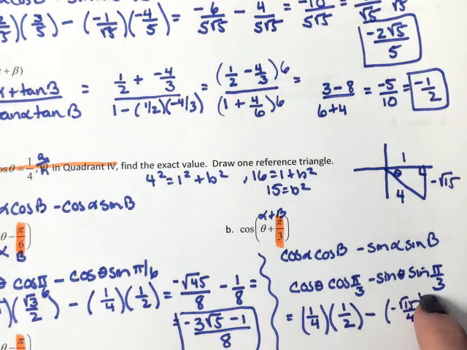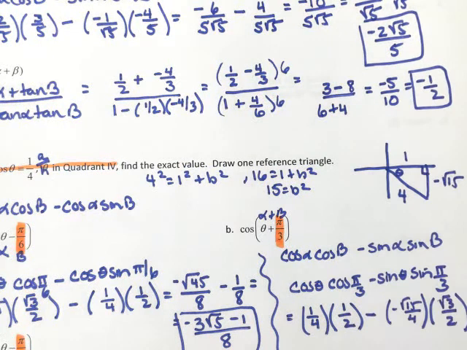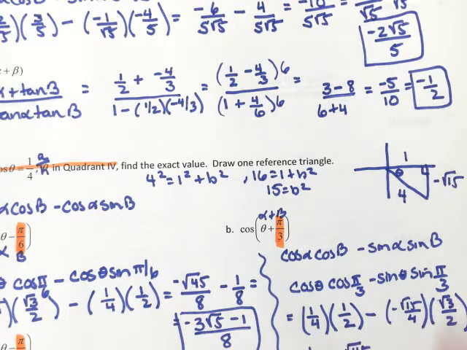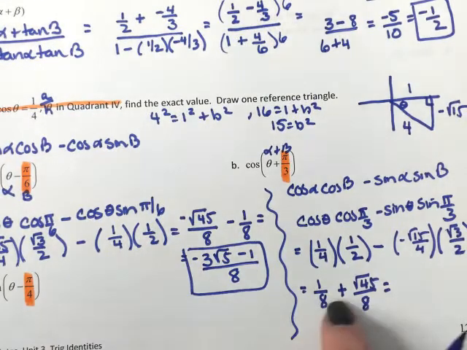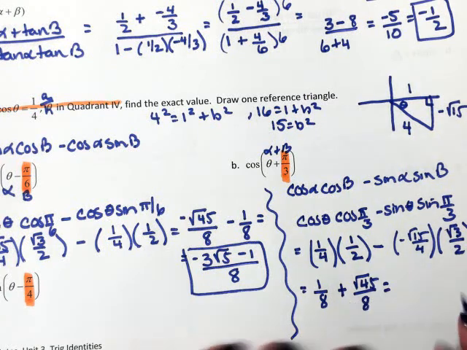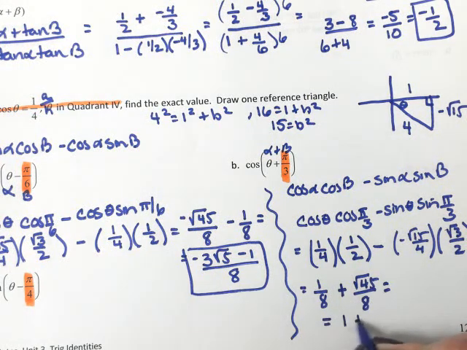Sine of pi over 3, the y-coordinate at pi over 3 is going to be square root 3 over 2. So when I multiply, that's going to give me 1/8 minus a negative turns into a positive, square root 45 over 8. I already simplified the square root of 45. That simplifies to 3 square root 5. So this final answer will be 1 plus 3 square root 5, all over 8.